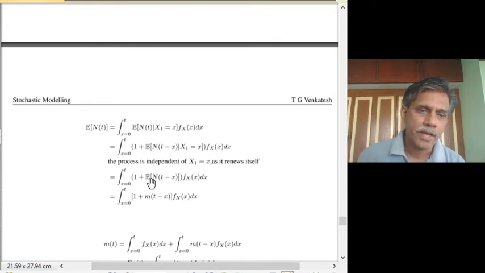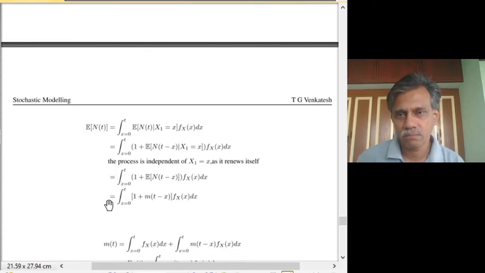So the expectation of N(t minus x) is m(t minus x), times f_X(x) dx. So we have got an integral equation for m(t). That is the most important thing. In a recursive manner, we have defined m(t) in terms of m(t) using an integral equation. We can solve it and get m(t).